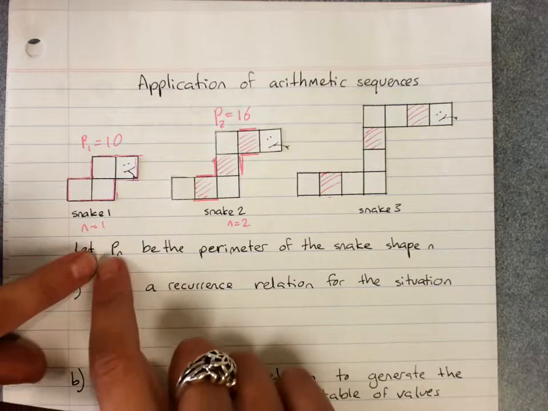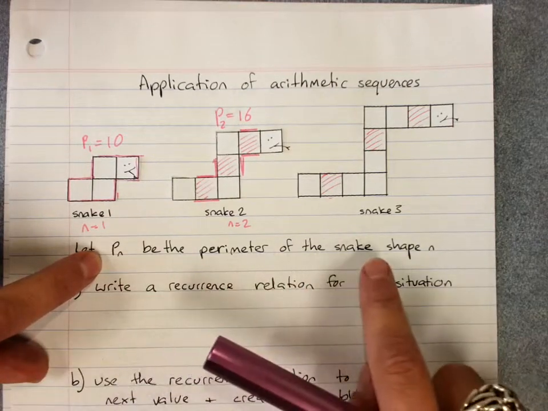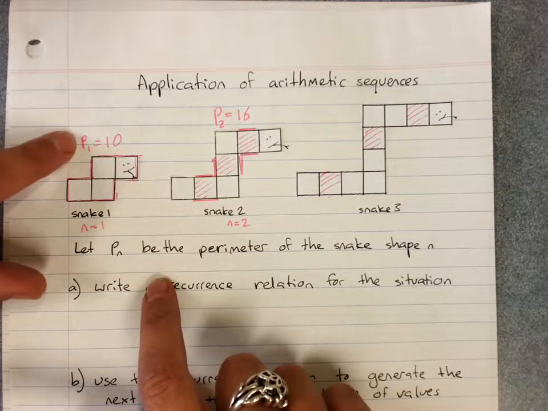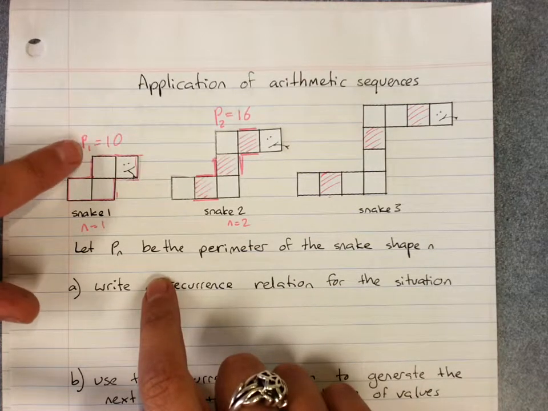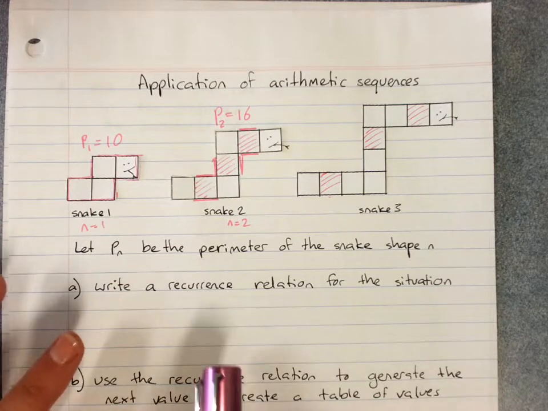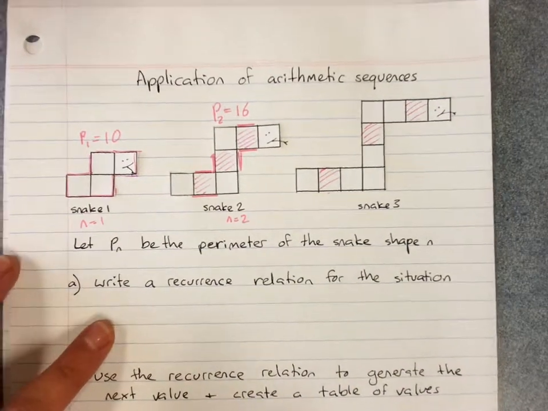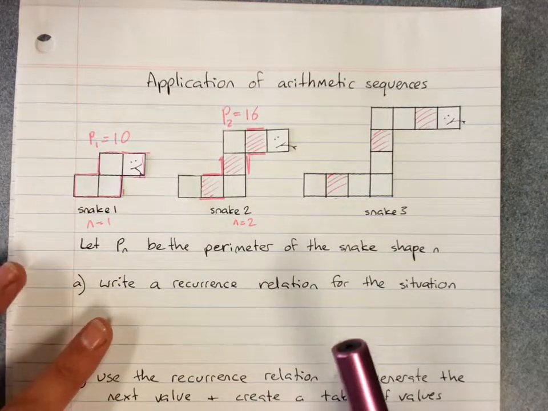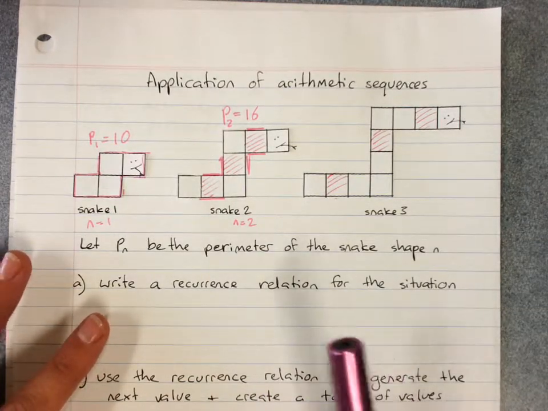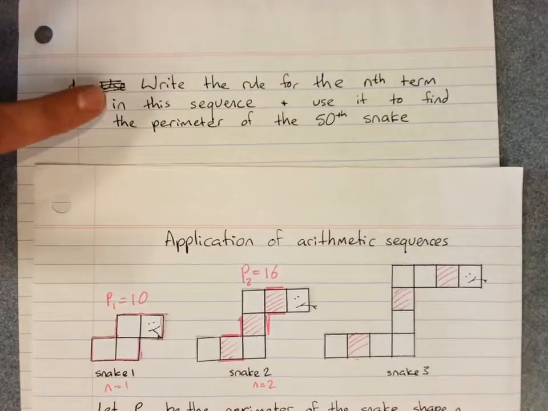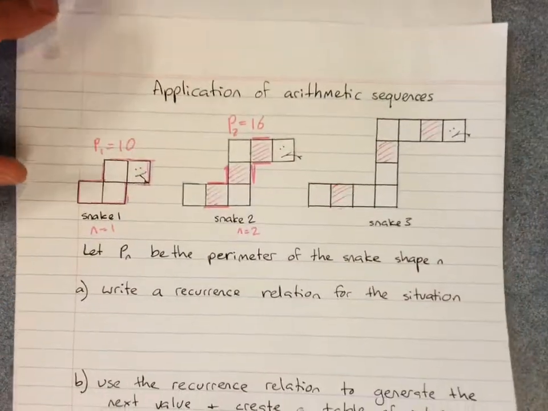Now they're saying let Pn be the perimeter of the snake shape n. That's just saying that we want P instead of T for term 1, it's going to be P, perimeter 1. Write a recurrence relationship for the situation. Now, depending on the question, it will depend whether you use a recurrence relationship or, as we'll do later, a Tn rule.